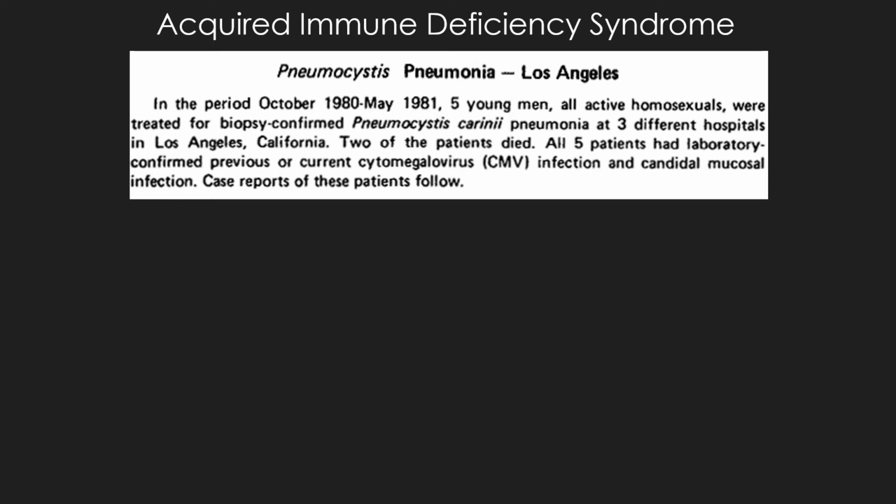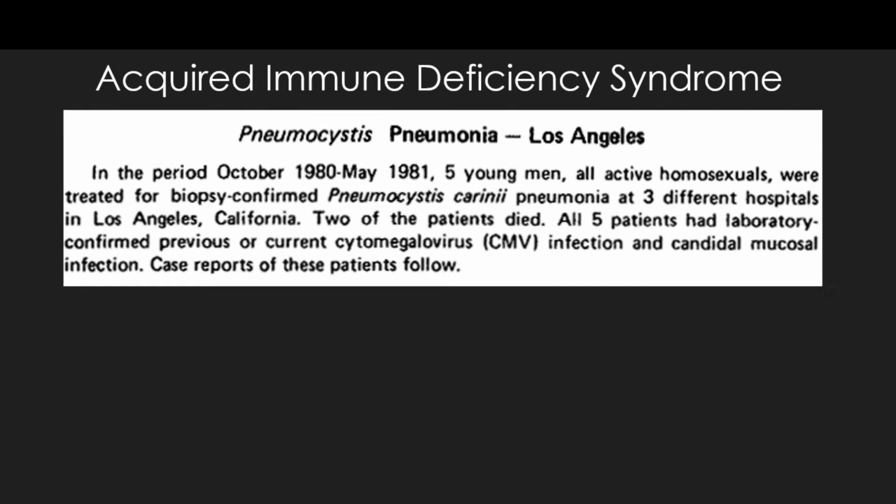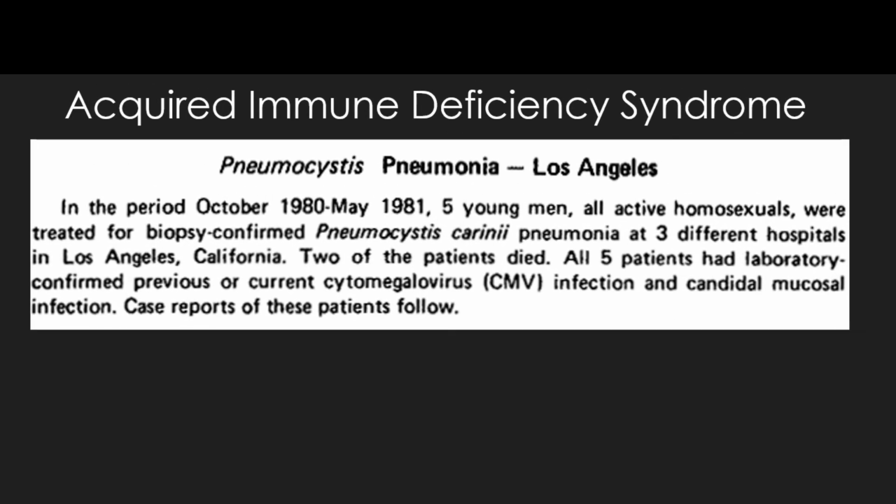A piece of that MMWR is shown here, and it says: in the period October 1980 to May 1981, 5 young men, all active homosexuals, were treated for biopsy-confirmed pneumocystis carinii pneumonia at 3 different hospitals in Los Angeles, California. 2 of the patients died. All 5 patients had laboratory-confirmed previous or current cytomegalovirus infection and candidal mucosal infection, and then a case report of each of those patients followed.